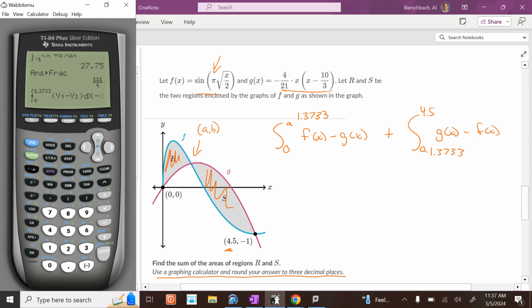And then we'll go minus, and then we'll do this again. So then we'll go math 9, so from 1.3733 to 4.5. What? Oh, plus, yes. Good catch. Plus.